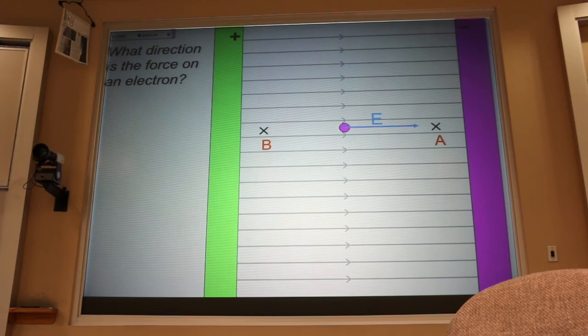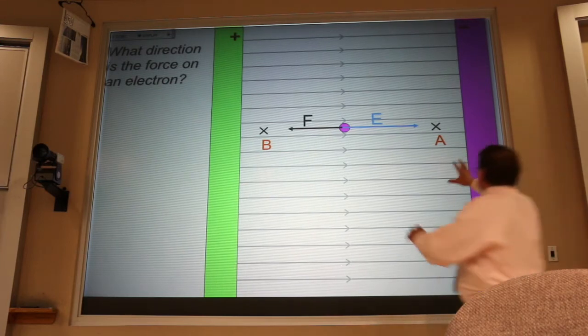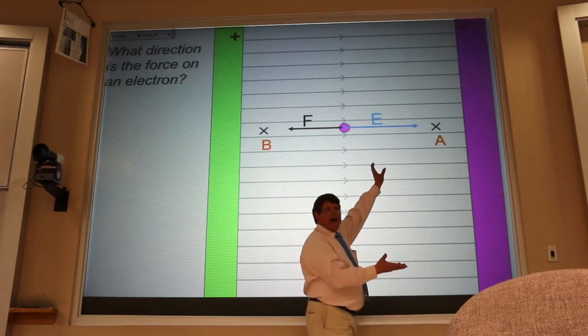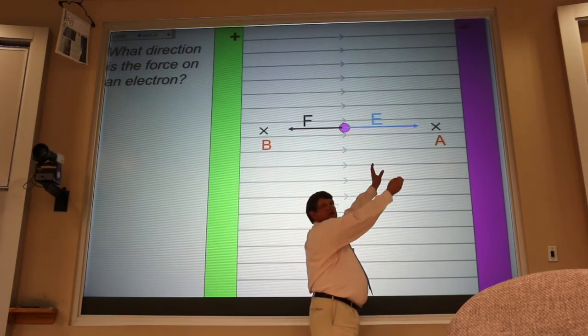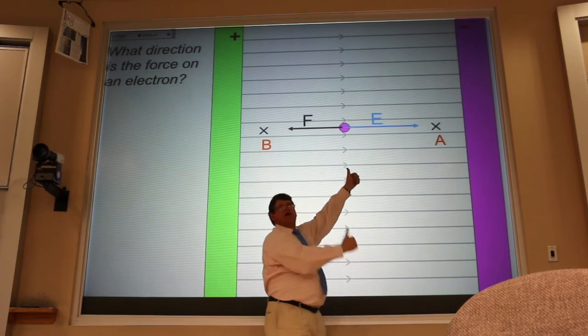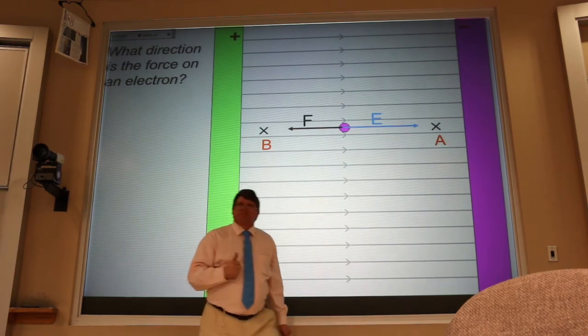That's independent of the electron. That's parallel to those field lines. But the electron feels a force, that's the thing that's real, that is opposite the electric field. If this electric field is the force that I would have if I put a plus 1 coulomb there, if I put a negative charge there, it's going to be pushed the other way.